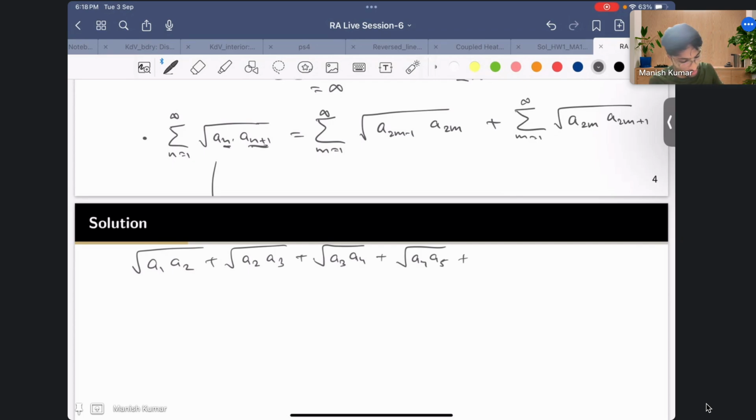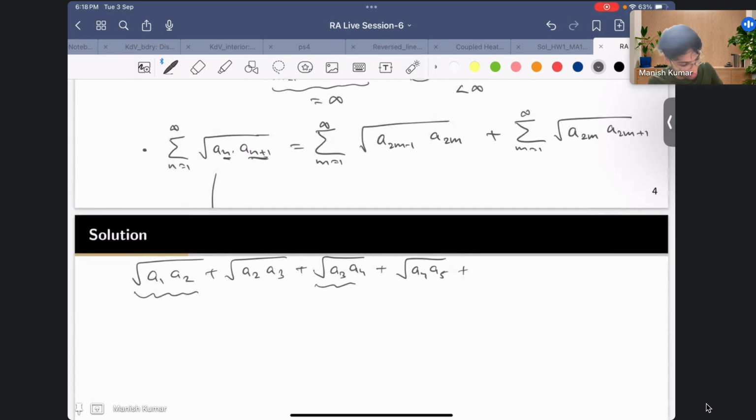What I am doing is writing the odd terms first, I mean the ones which start with odd, and these two terms are considered here in the first one. The ones which start with even, like a2 a3, these two terms are carried over here. So this is how it has been written.